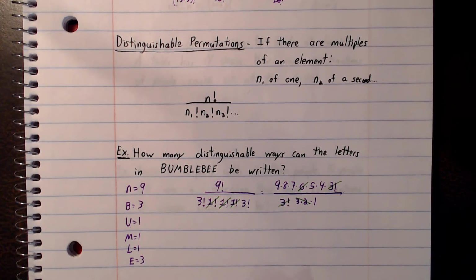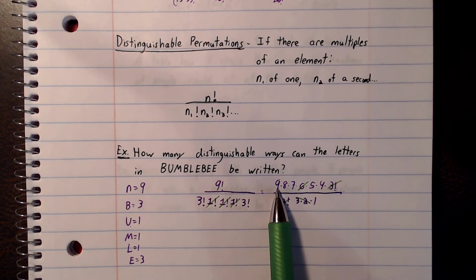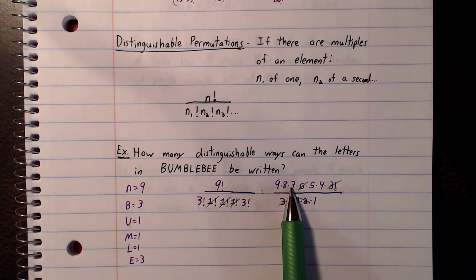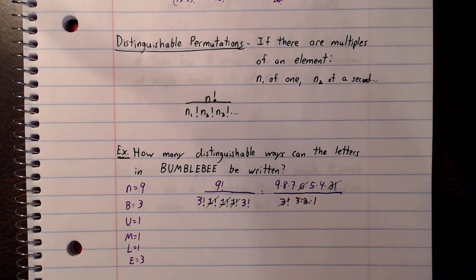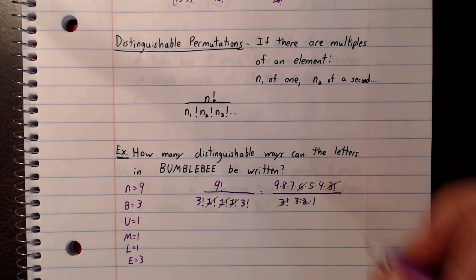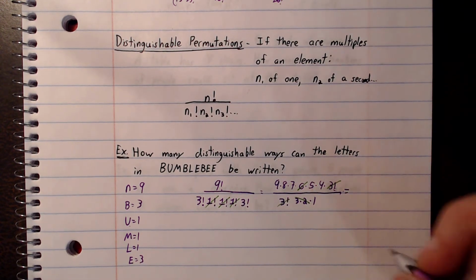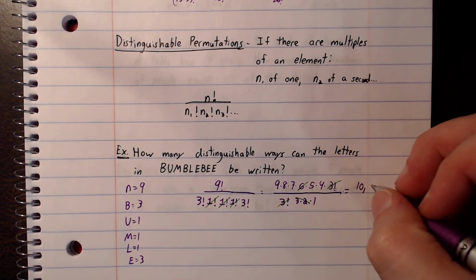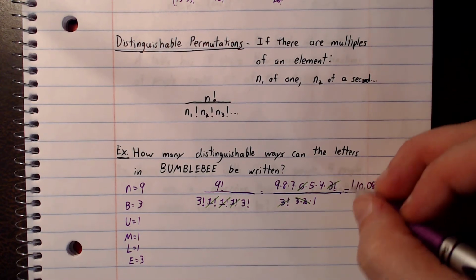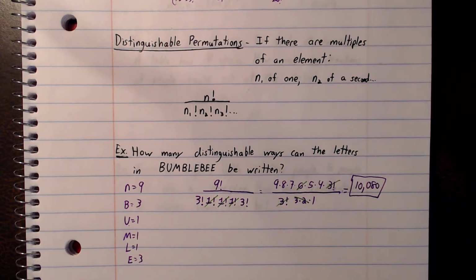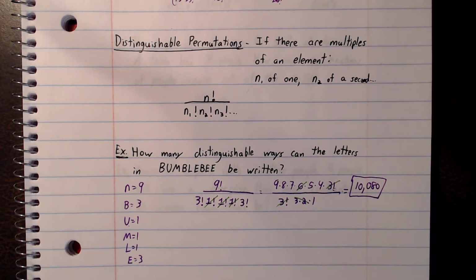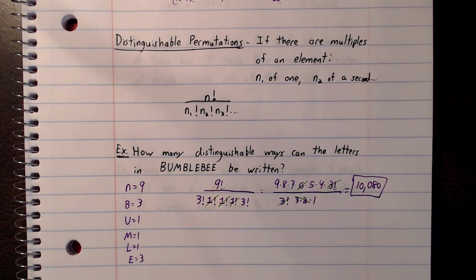So that goes. What we're left with is 9 times 8 times 7 times 5 times 4 divided by 1. So if we multiply basically whatever's left on top here, we're going to end up with 10,080. That's how many different ways, distinguishable ways, you can rearrange the letters in Bumblebee.